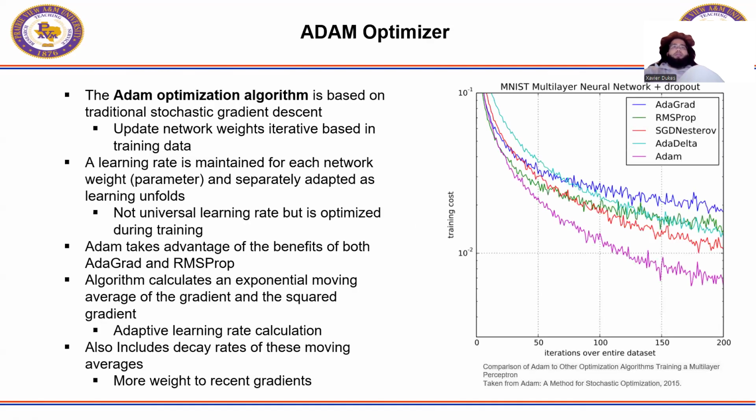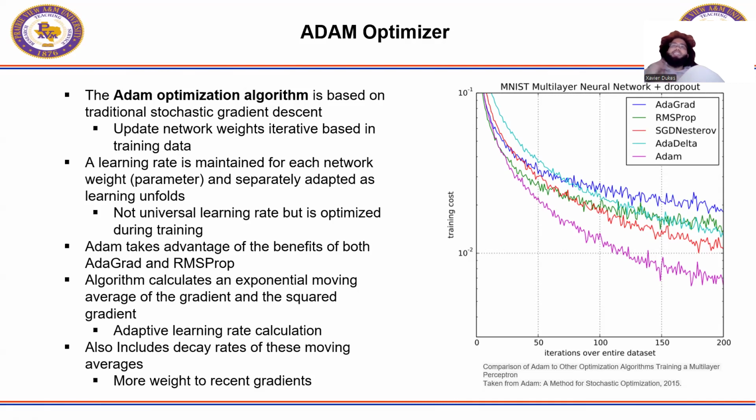I'll go through some of the backup slides. So one of the hyperparameters I mentioned was the optimizer, and the Adam optimization algorithm is based on traditional stochastic gradient descent, where you update network weights iteratively based off the training data.